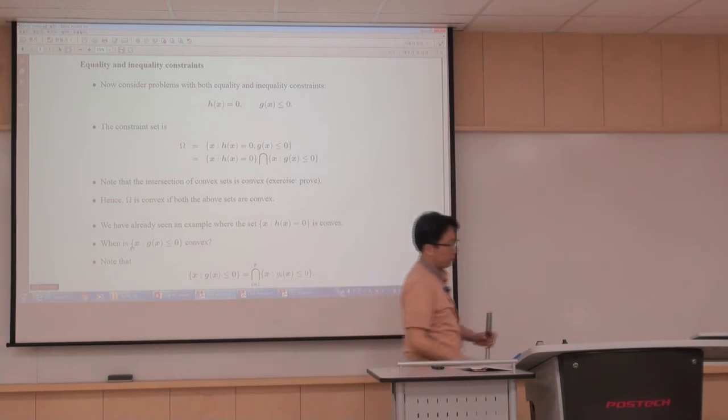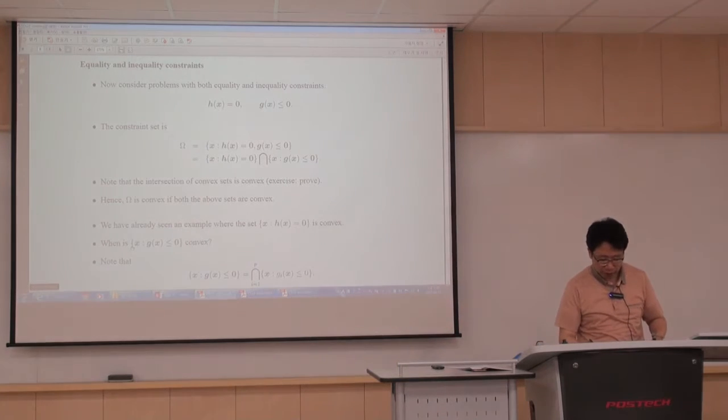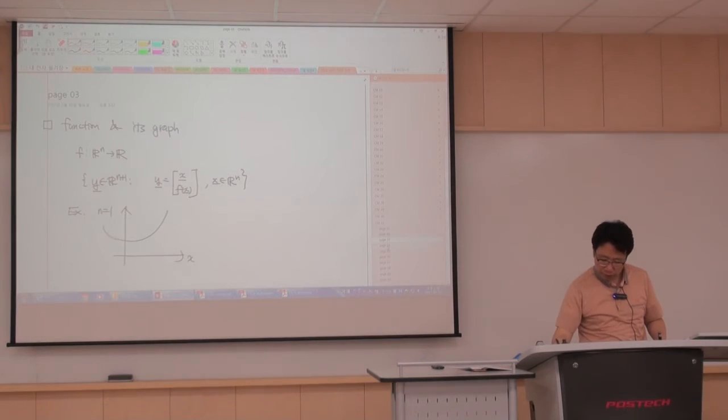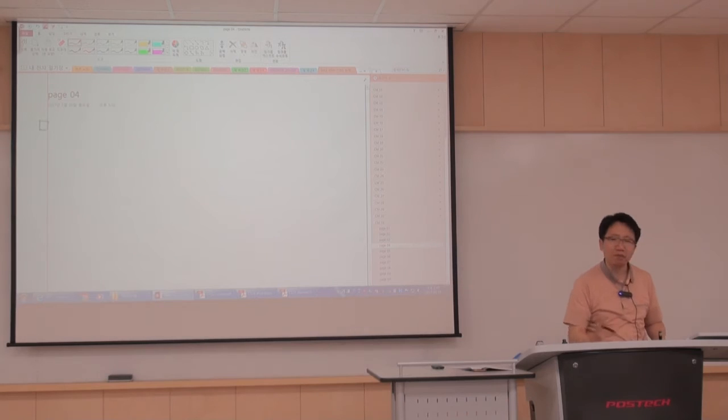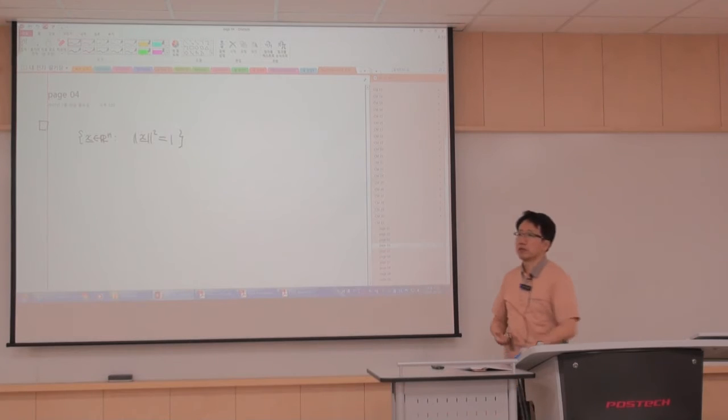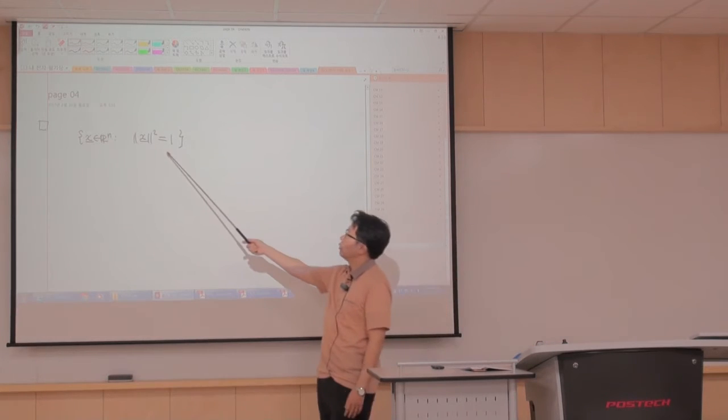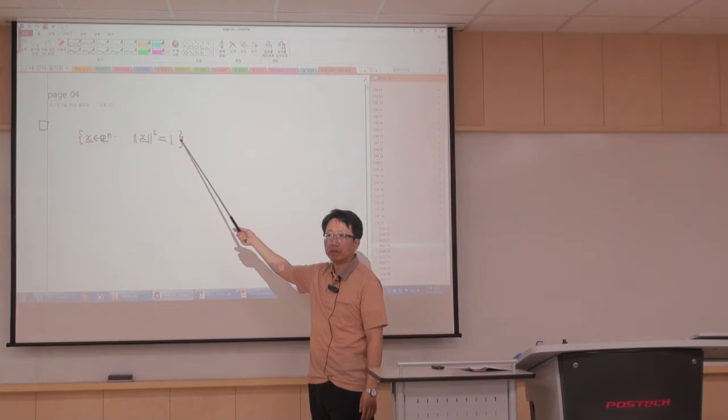Let me give you a very, very simple example, because I've made a lot of mistakes. Suppose that you have this. What is this? This is a norm ball with two norms.